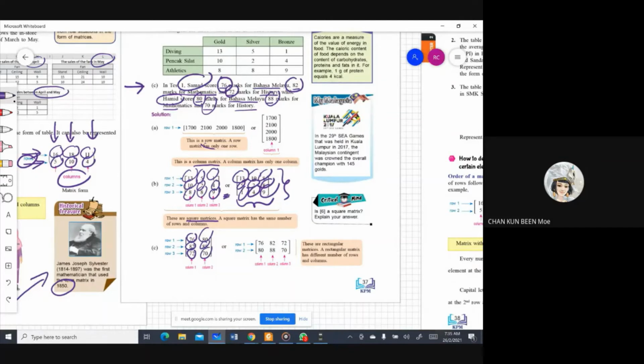Or you can represent it in the row format with 76, 82, 72, and 80, 88, 70.